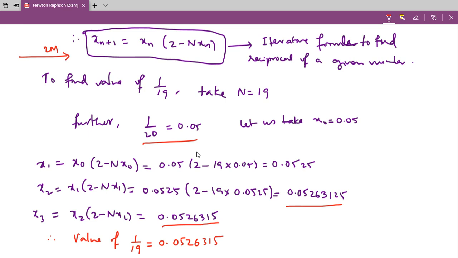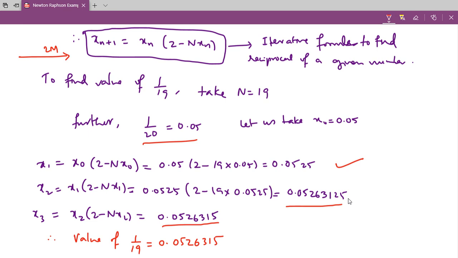So now x naught we have fixed as 0.05. Taking x naught as 0.05, we go for the first iteration, we got 0.0525, and for the second iteration using x1 we got 0.0526325. x3 also gave the same thing.